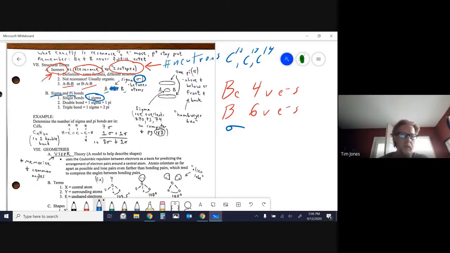And then when you make a double bond, the problem is this space is already occupied in the middle. You can't put more electrons being shared in here. That's already taken. So what happens in a double bond, since they're sharing more electrons, is you need to use the space above the atoms and below the atoms.